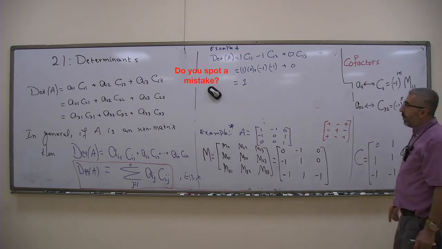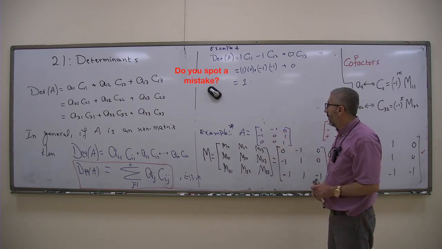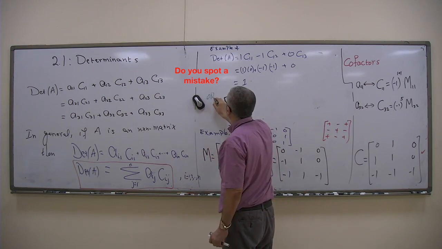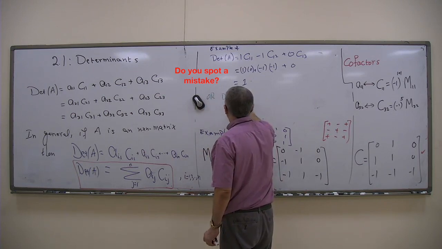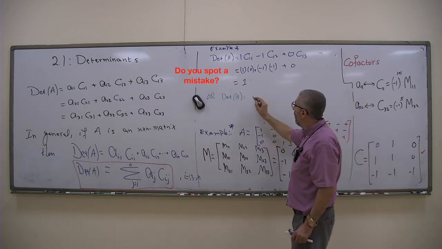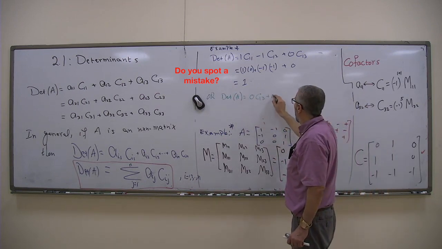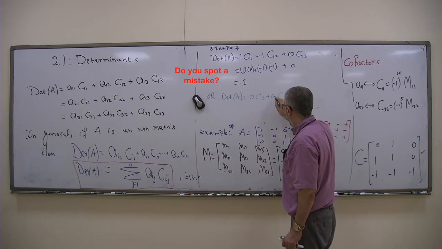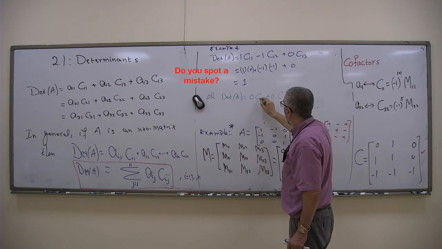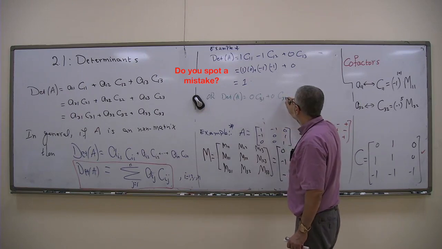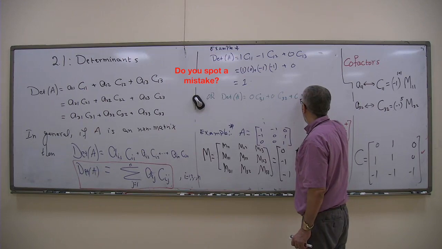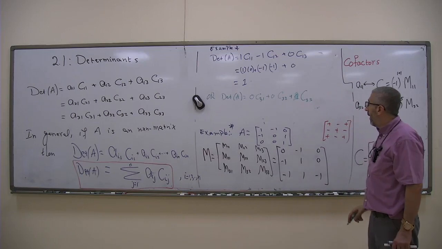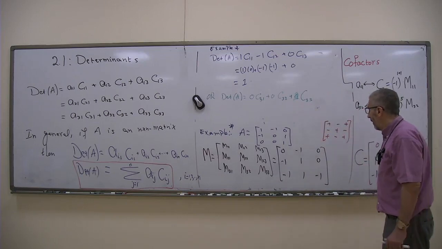Look here, what happens if you do it using the third row rather than the first row? So you are going to get the determinant of A is 0 C31 plus 0 C32 plus 1 C33, and what is C33?